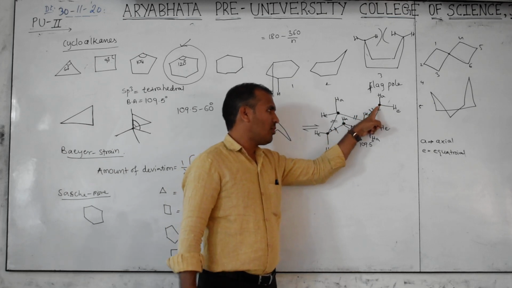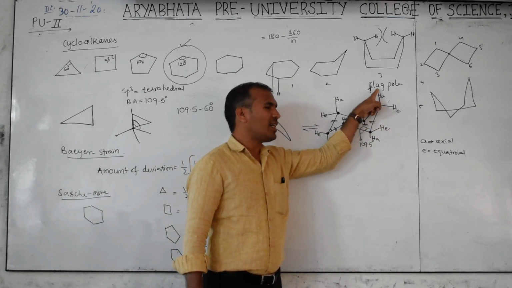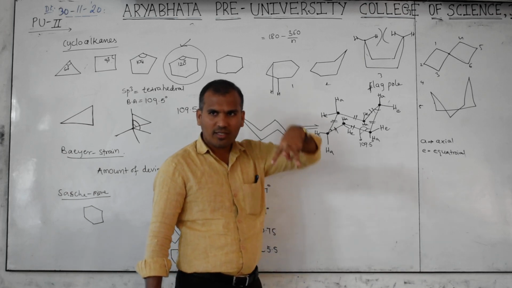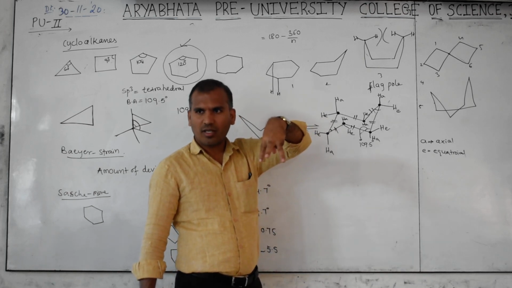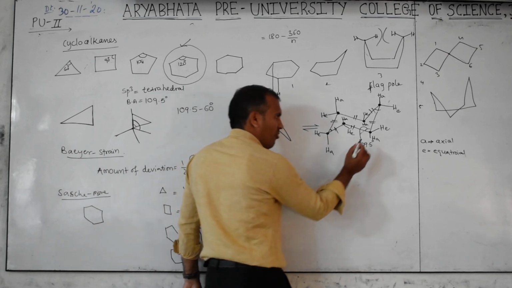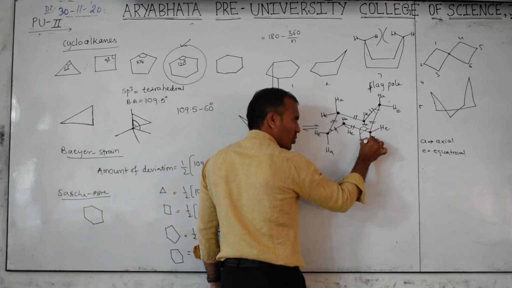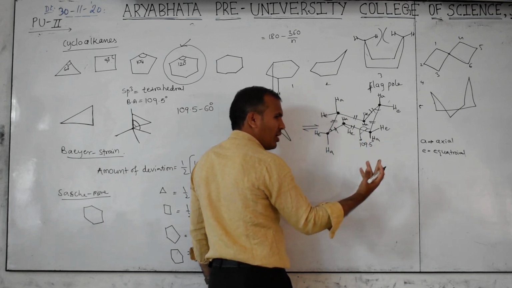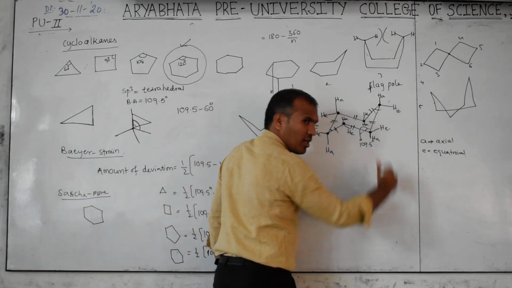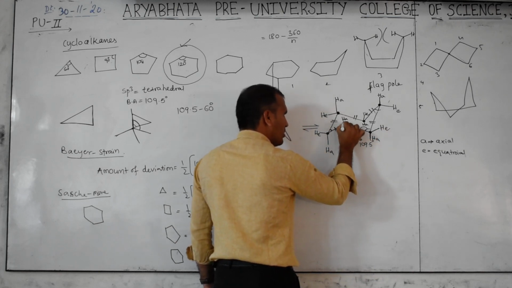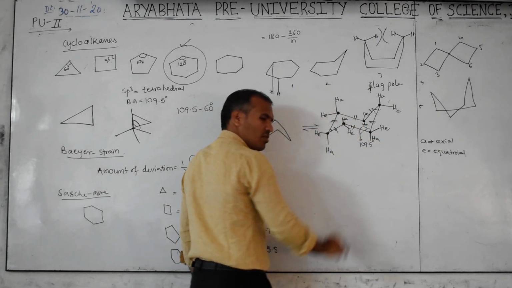One bond, second bond, third is axial up, so compulsorily equatorial down. That is called tetrahedral. So next, if the down carbon's hydrogen is down, that is axial, then automatically equatorial hydrogen is up. This is up hydrogen, this is down hydrogen.